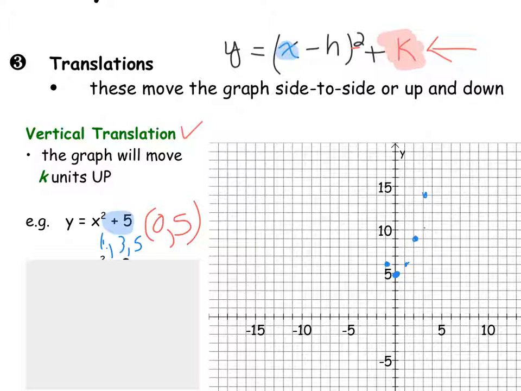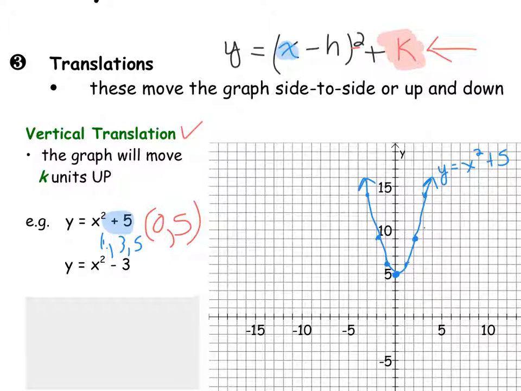And then I do a mirror of that on the other side. And that's it. I'm going to be drawing more graphs on here, and so I'm going to label this as y equals x squared plus 5.